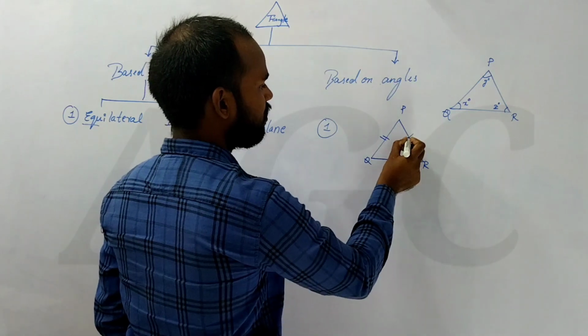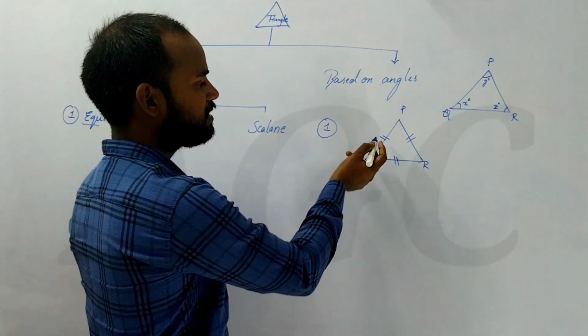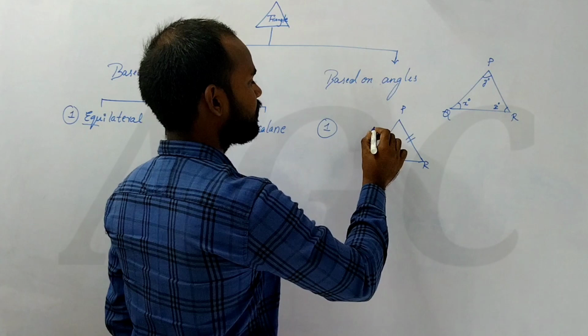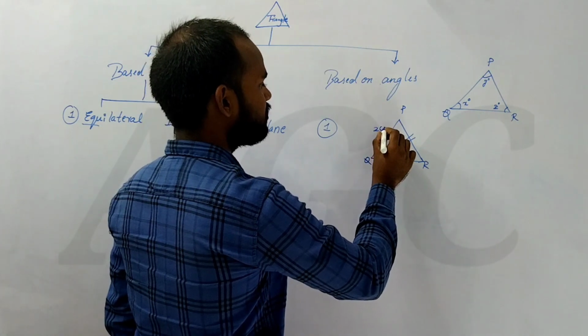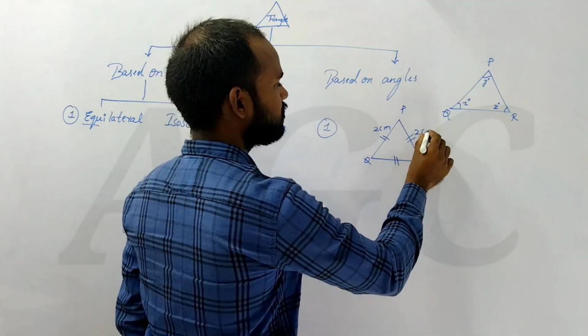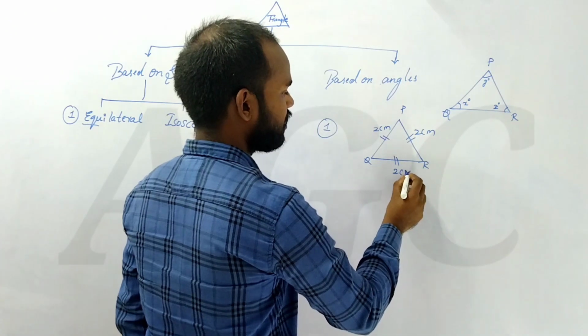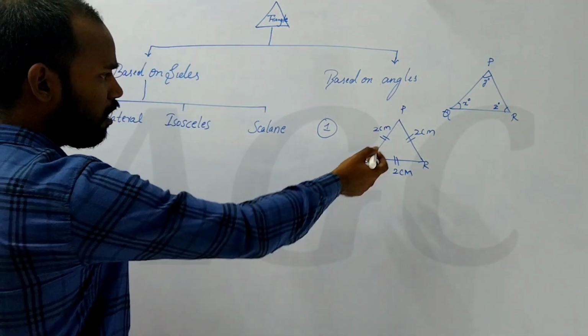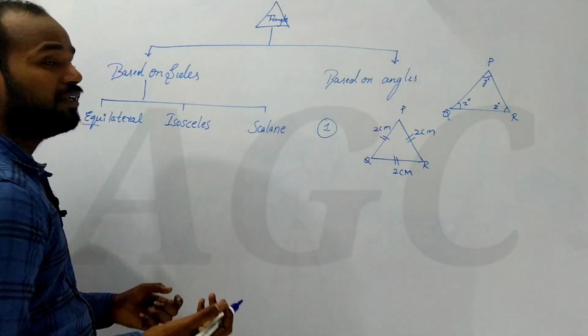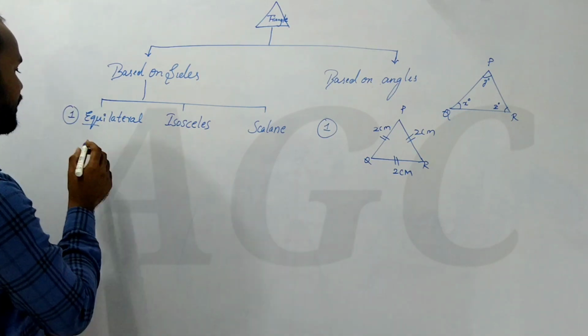This symbol indicates all are similar, equal. This is 2 centimeters, this is 2 centimeters, this is 2 centimeters. Let us assume that. So all sides are equal, then it is said to be an equilateral triangle.